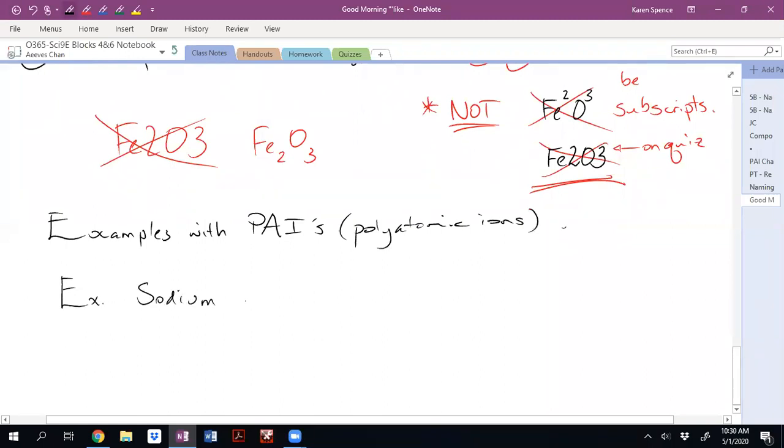Sodium acetate. So the first thing you want to notice with this is that you have that ending ate. When you see the ending ate or ite, you know you have a polyatomic ion. Okay, and what that means is that you are going to check your polyatomic ion chart.